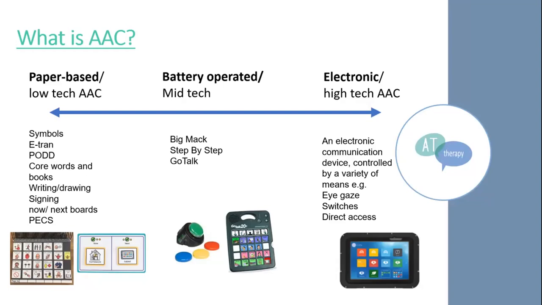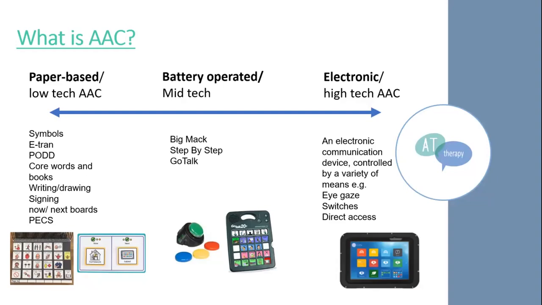I've highlighted paper-based, battery-operated, and electronic, because that's the language we're using in the field at the moment, and that's to highlight that we're moving away from the low-tech to high-tech terms, because some people were viewing the high-tech AAC as better than the low-tech AAC, and that's not really the case at all, because for some people a paper-based system is really what works, and an electronic system wouldn't be appropriate for them.